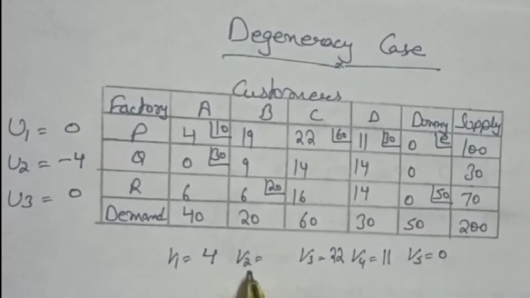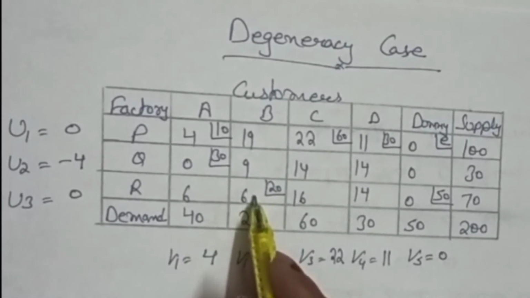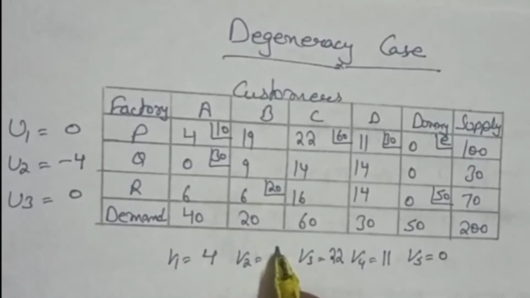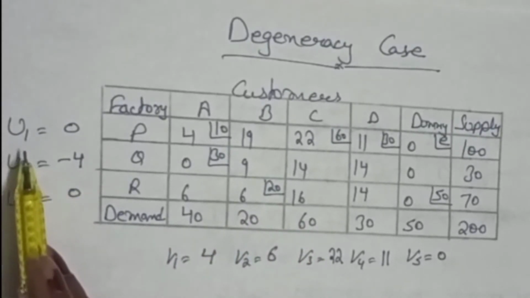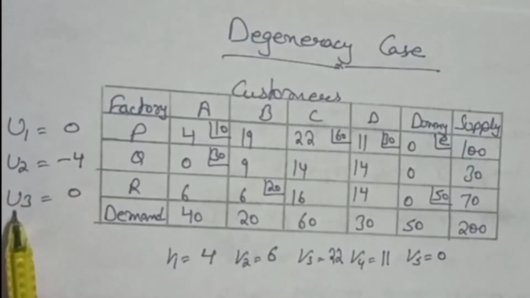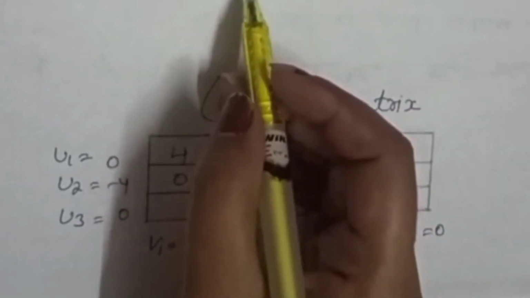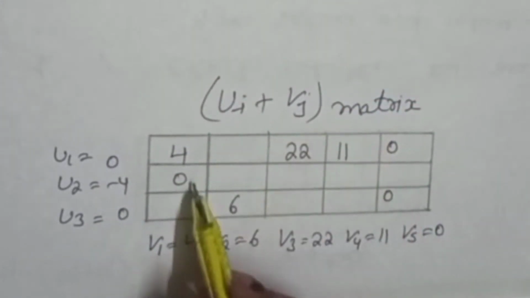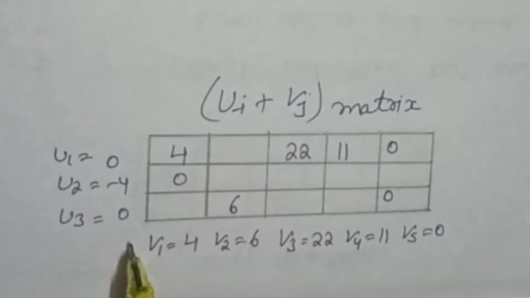Now we will calculate the value of v2. u3 plus v2 is equal to this cell value, so 0 plus 6 is equal to 6. Now we have all ui values: u1 is equal to 0, u2 is equal to minus 4, u3 is equal to 0. And also we have all vj values. Now we will make the ui plus vj matrix like this. u1 is 0, u2 is minus 4, u3 is 0. v1 is 4, v2 is 6, v3 is 22, v4 is 11, v5 is 0.